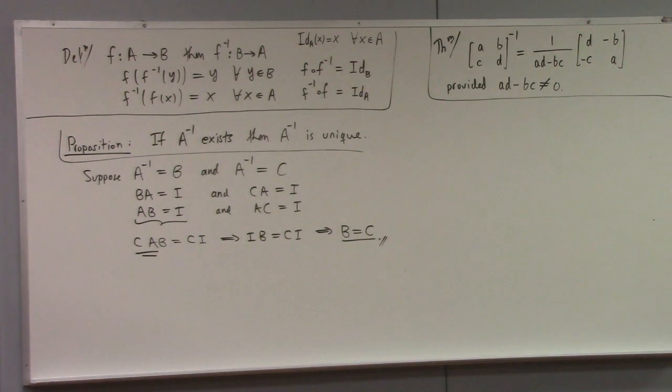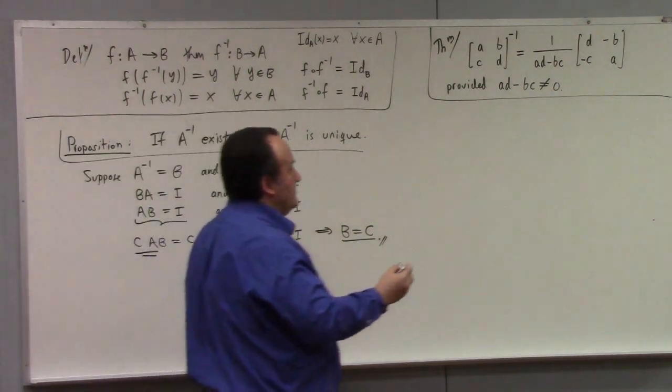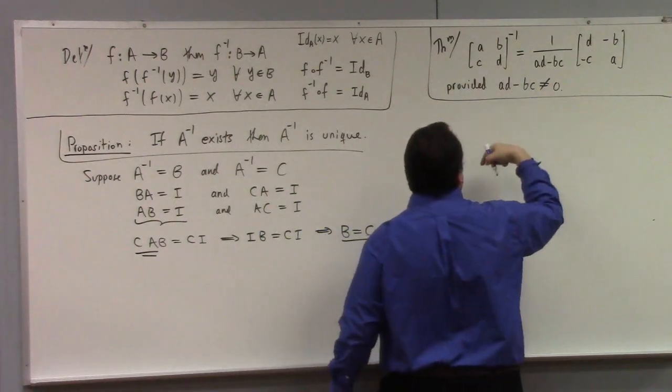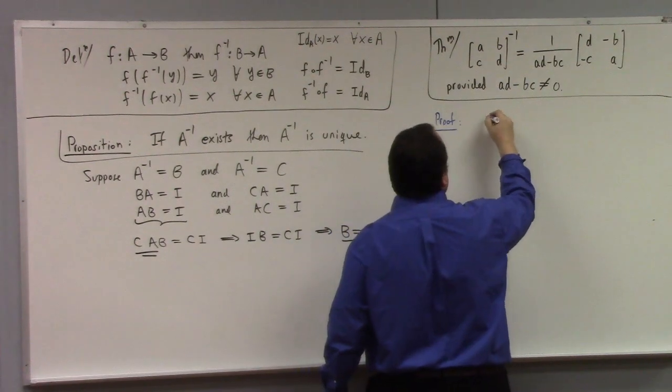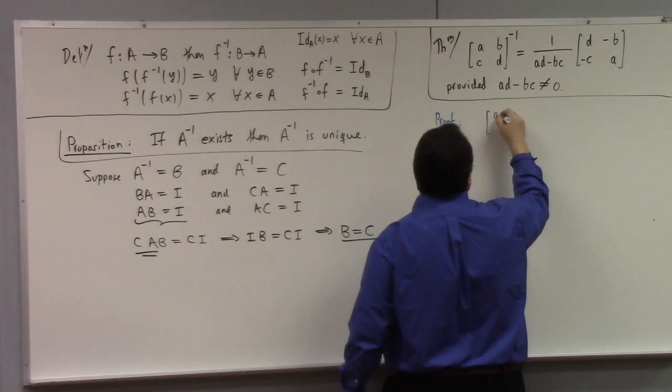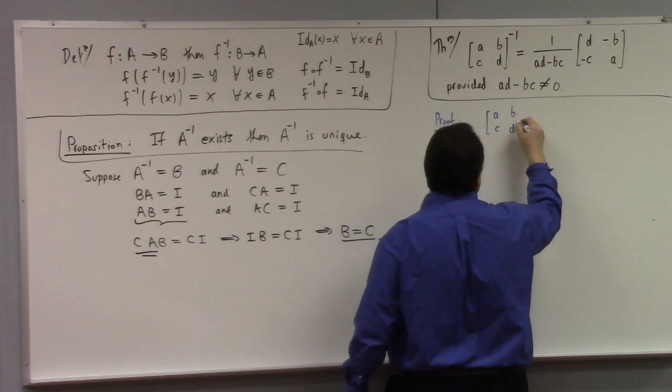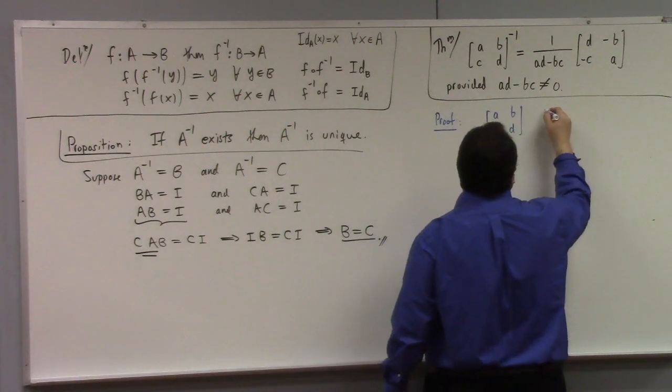But for now, how would you check that this is true? To check that the inverse of a matrix is actually the inverse, I'm not going to actually do this, but I'll just say the proof is this. Multiply A, B, C, D times this formula.